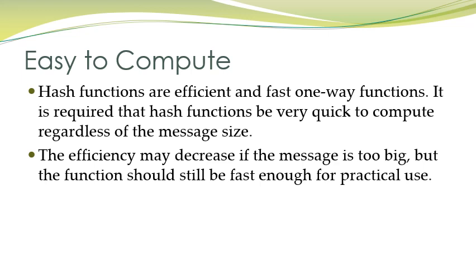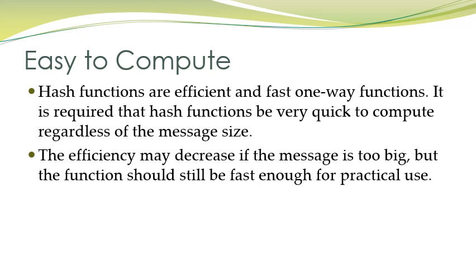It is required that a hash function be very quick to compute regardless of the message size. So the second property is that the hash function should be quick to compute the output. The efficiency of this algorithm may decrease if the size of the message increases.